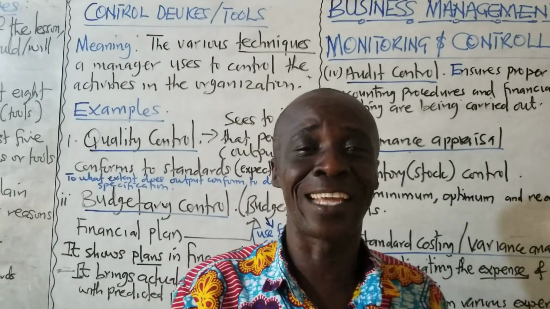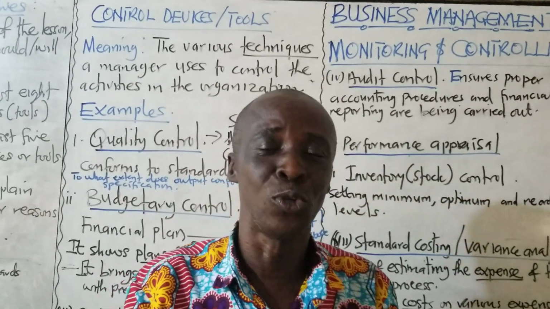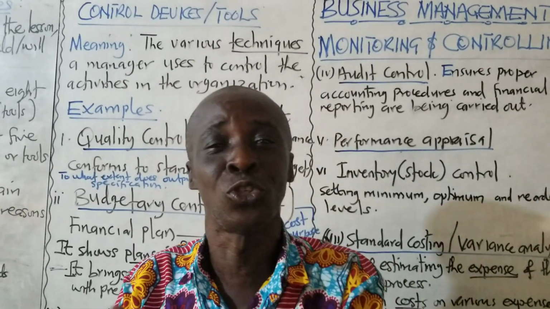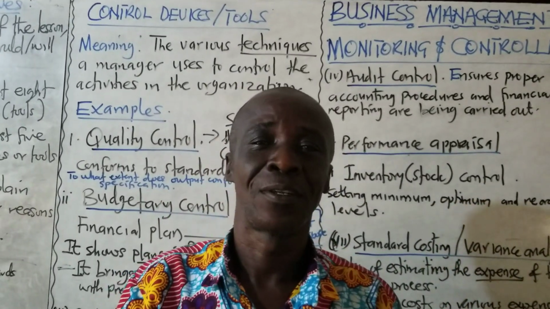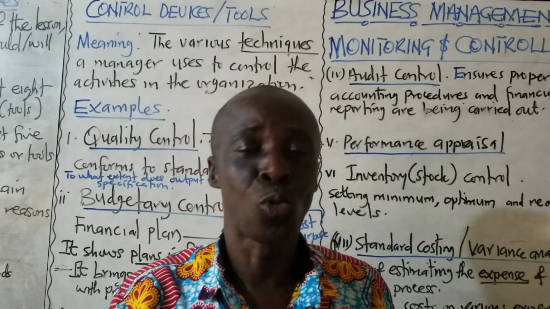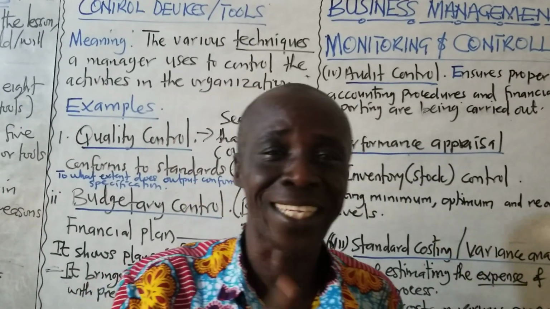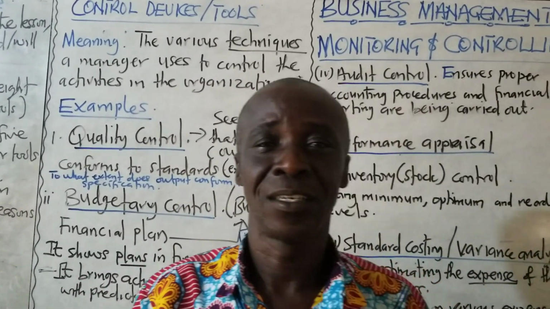Let me give you an example and you will understand it. The tool that you use will depend on what you want to control. For example, in your class, what tool does the school use to detect truancy?